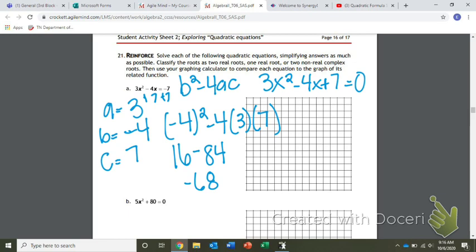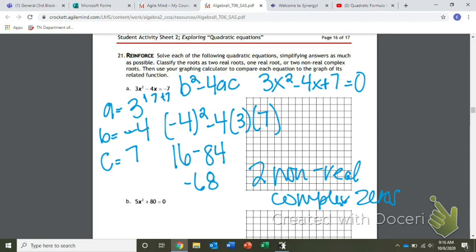What does that mean? It's less than 0. So flip back on your page, number 20. When it is less than 0, what do you have? 2 non-real complex zeros. Okay? It's as easy as it gets.